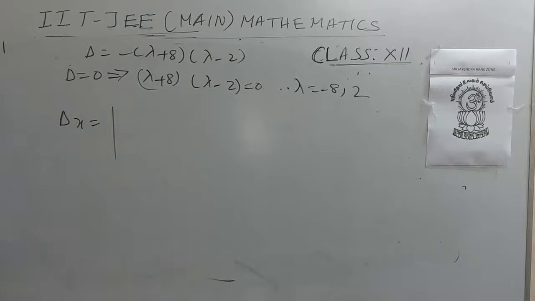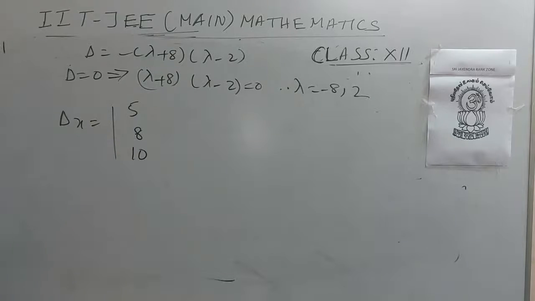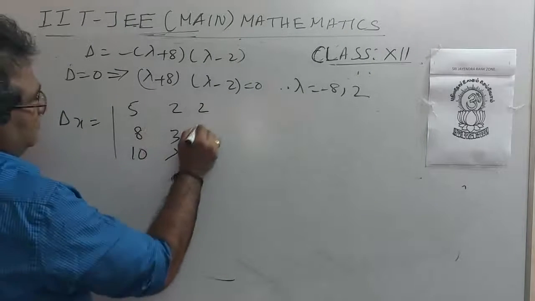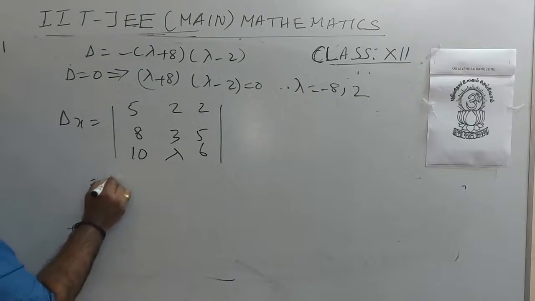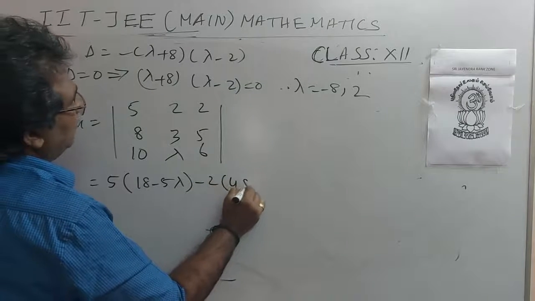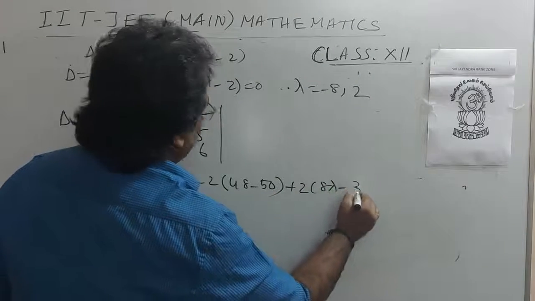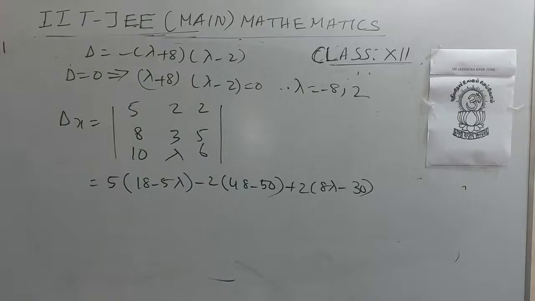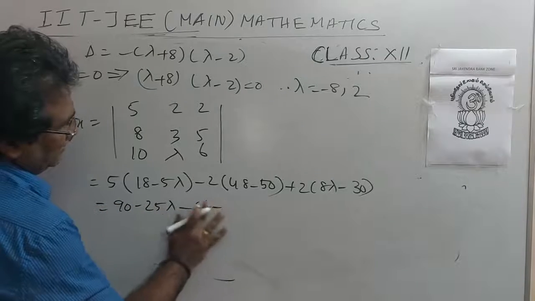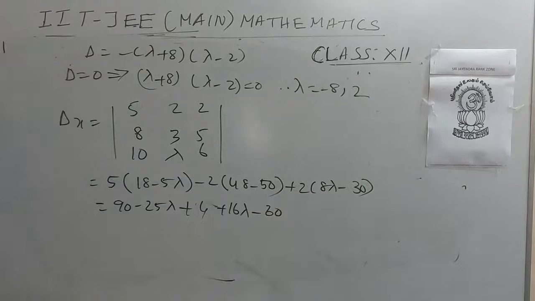It is inconclusive, so you have to find delta x as well. For delta x, the first column is 5, 8, 10, then 2, 3, lambda, 2, 5, 6. 5 into (18 minus 5 lambda) minus 2 into (48 minus 50) plus 2 into (8 lambda minus 30). 90 minus 25 lambda, minus 2 times minus 2 is plus 4, plus 16 lambda minus 60.